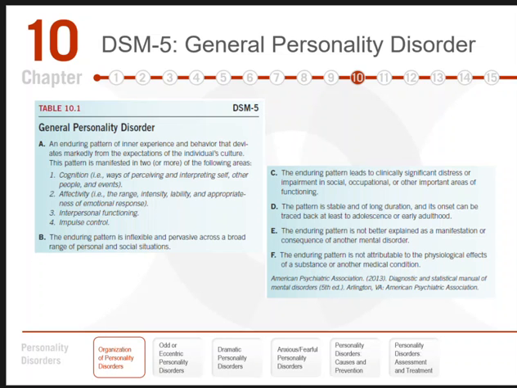I worked at an eating disorder unit, an inpatient eating disorder unit, and for the most part, most of those folks had an eating disorder and a personality disorder. So they had a double whammy. Not only did they have an eating disorder, and it was hard to say which came first, but they also had a personality disorder that made it difficult for them to function, to learn, and to have relationships with other people.